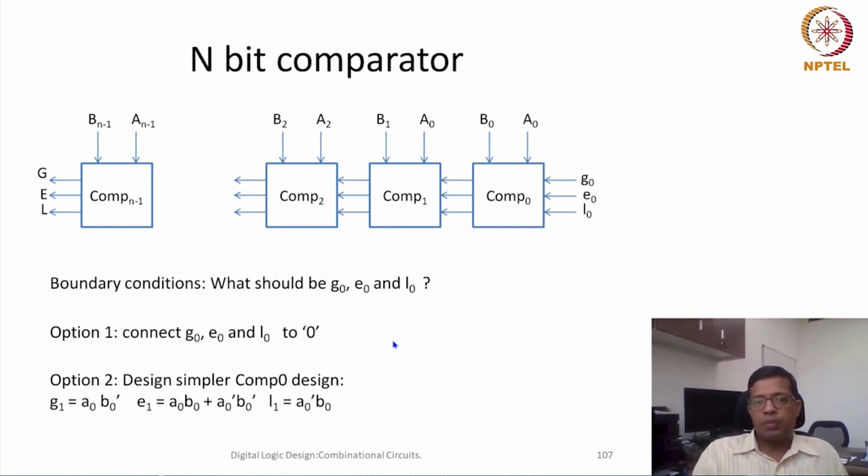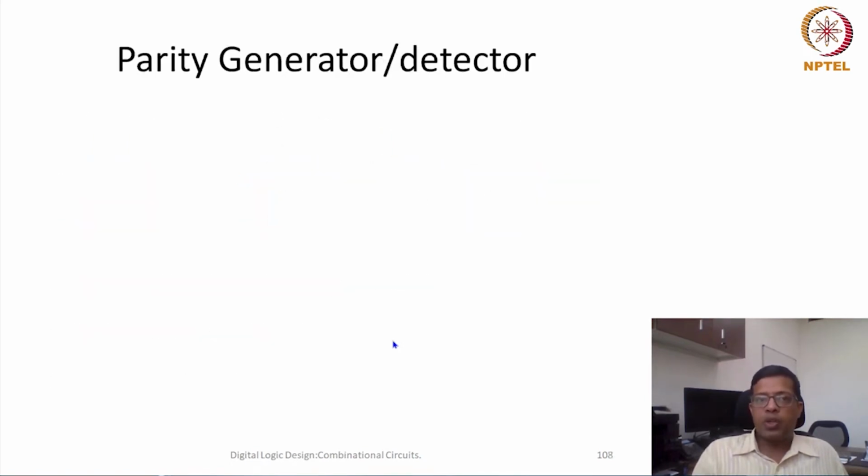Okay, so the next example we are going to take is parity generator and detector. So before explaining this particular problem, first let me tell you what is parity. Parity is usually one bit which helps us in checking whether the sequence is correct or not. So how does it do?